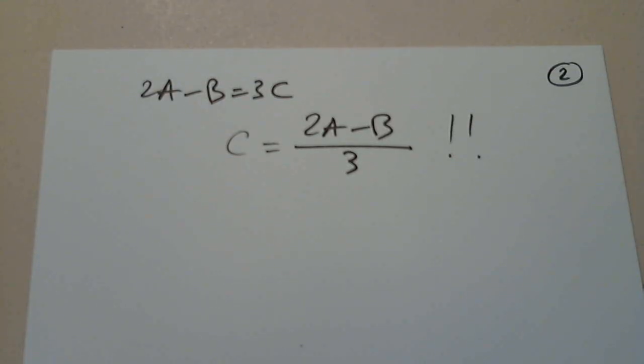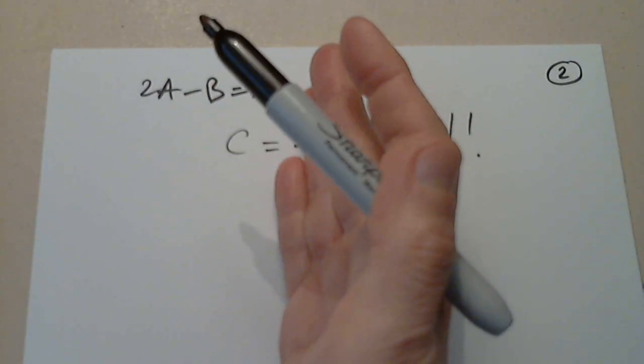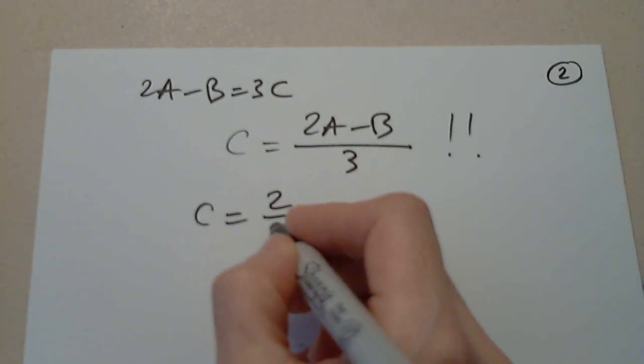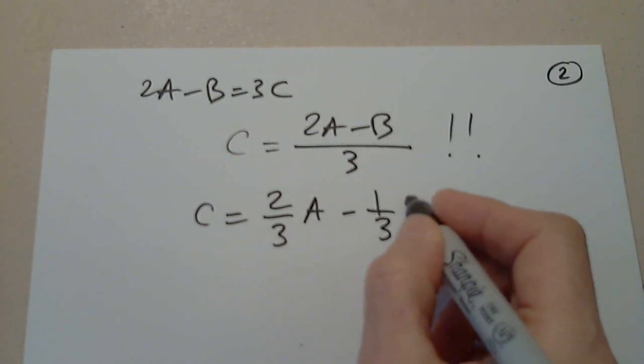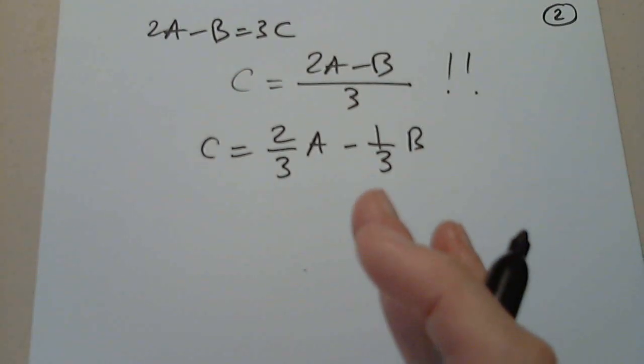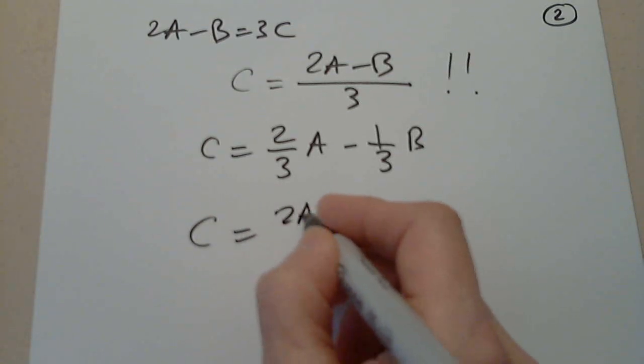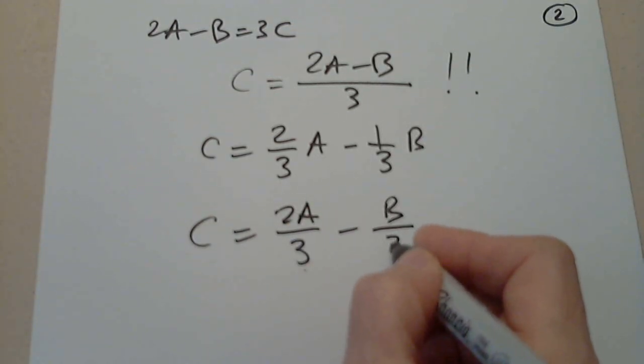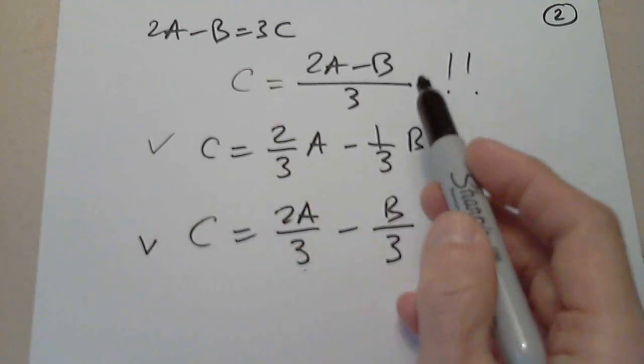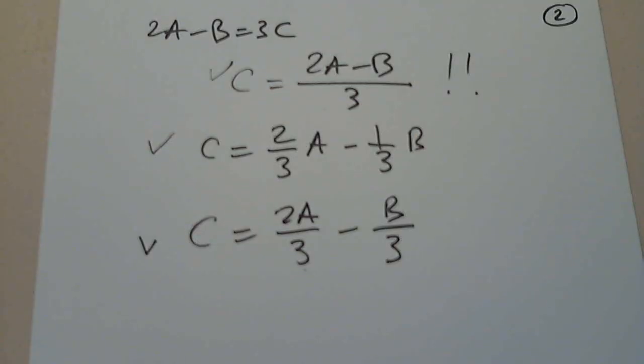It's not wrong, but it's better to divide term by term. So then c equals 2 over 3 a minus 1/3 b. Or you can also write it as c equals 2a over 3 minus b over 3. These are preferred over this. All are correct.